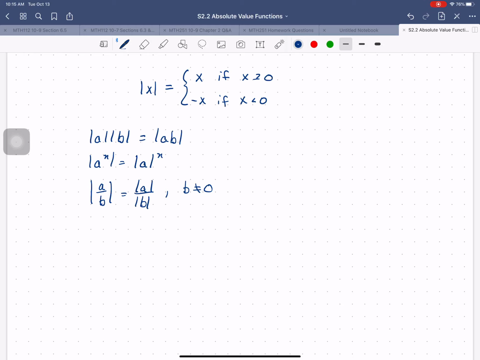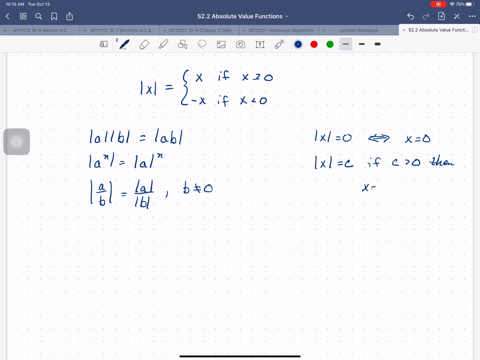Okay? And a couple other things to note. If the absolute value of x equals 0, then that means, and it's a two-way implication, x must be 0. That makes sense, right? But suppose we're asked to solve absolute value of x equals some number c. Actually, there are two solutions, and it works only if c is greater than 0.